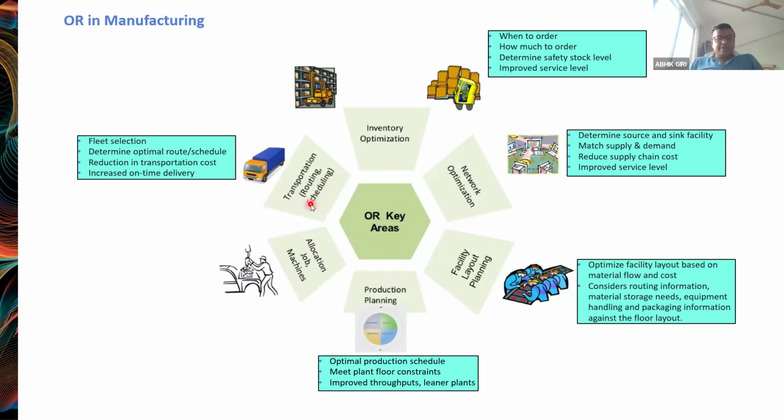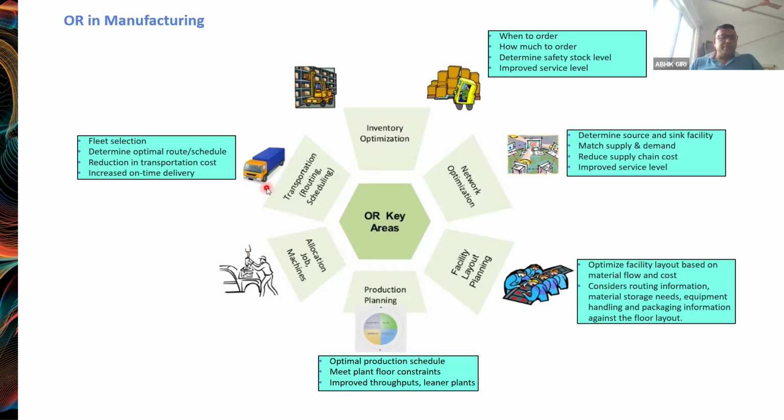And the next one is, once your finished good is produced, how do you take care of the transportation in an optimal manner? You need to decide how to dispatch your finished goods in different vehicles or trucks, so that you are able to meet the customer demand in the promised lead time, and do that at minimum cost.